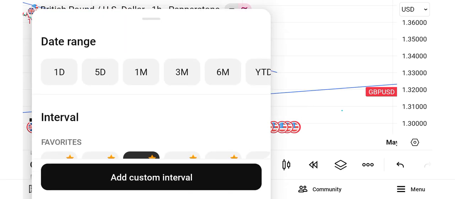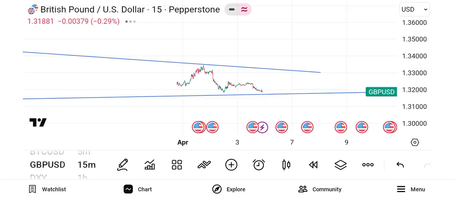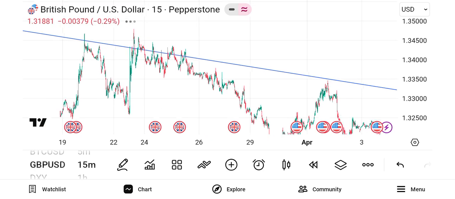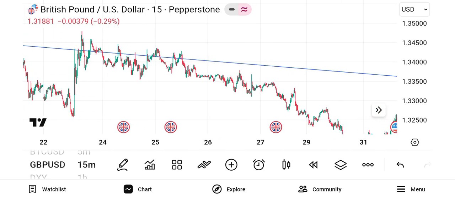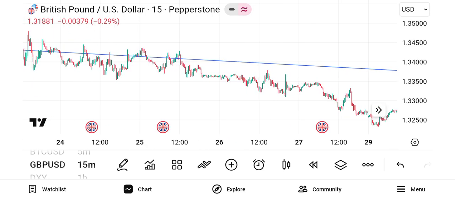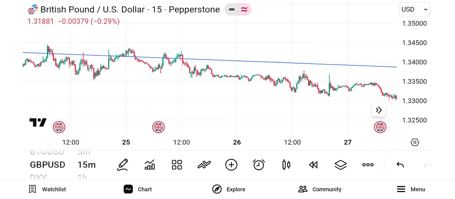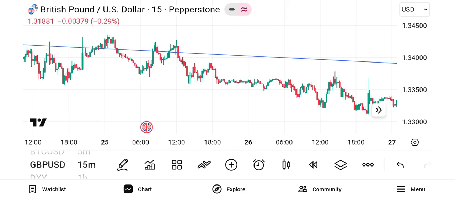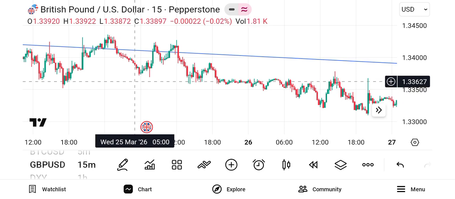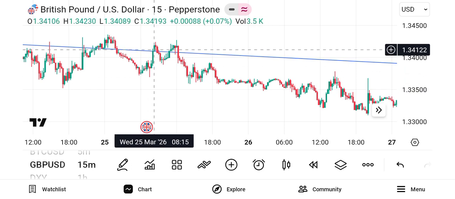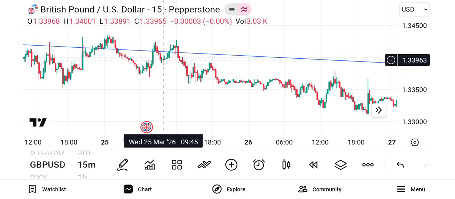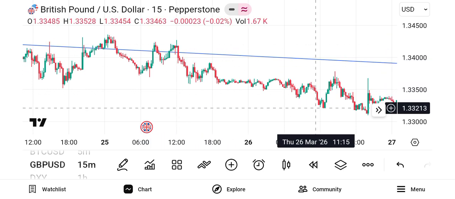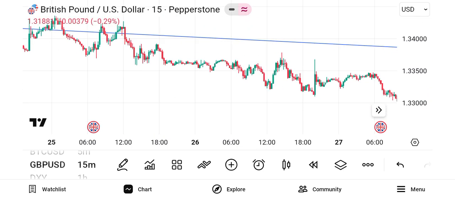You can see I am not forcing it, just drawing it naturally. Price respected the trend line. See here, it broke the trend line. It tested, gave weak rejections, broke it again, and boom, to the downside.